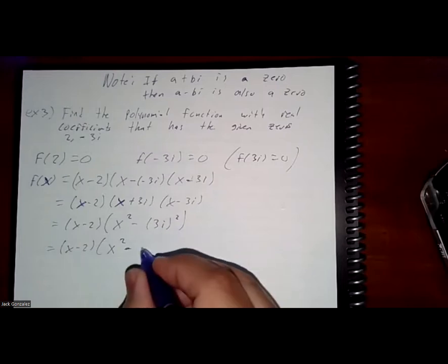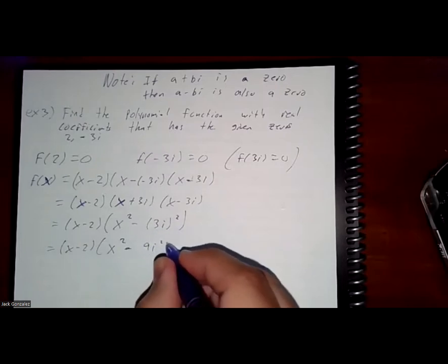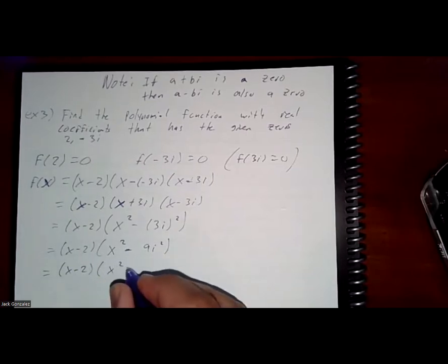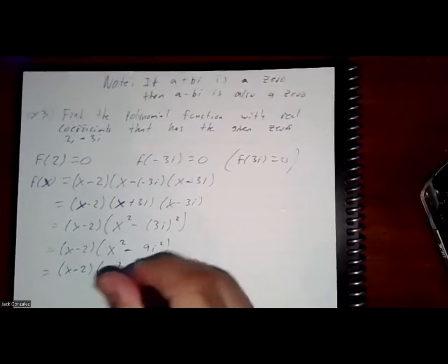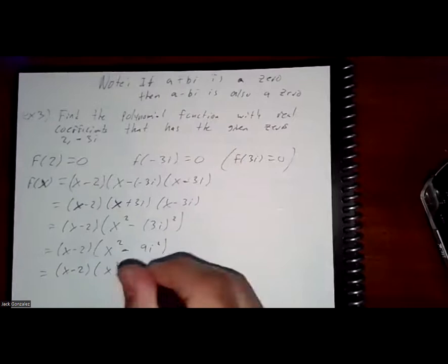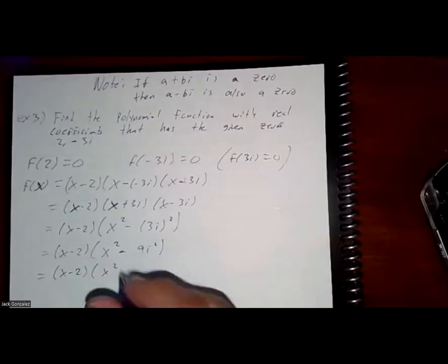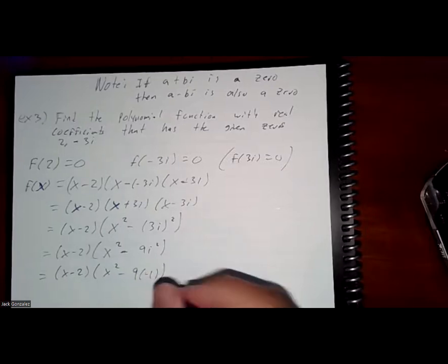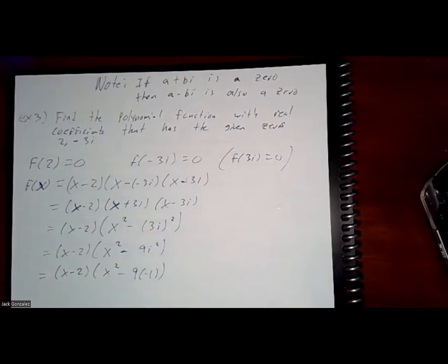So this will become 9i squared, right? This will be plus 9. Well, I mean, I shouldn't skip steps. This would be minus 9 times negative 1, because we said that i squared is negative 1. So finally, we get negative 9 times negative 1, so x squared plus 9. Now notice they're all real numbers now.